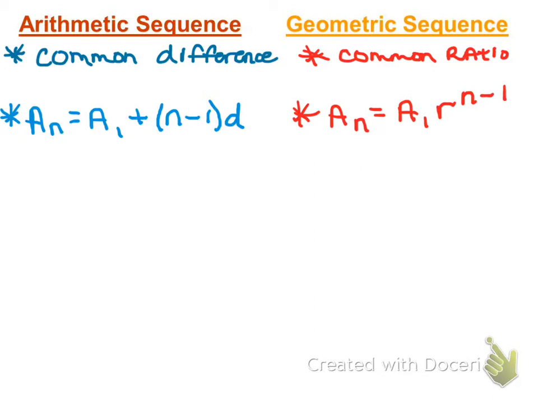Let's talk about the sum. In an arithmetic sequence, the sum of any number of terms is found by multiplying the number of terms times the average of the first and last term.